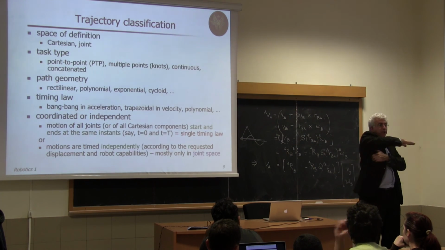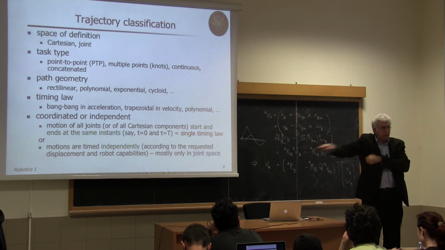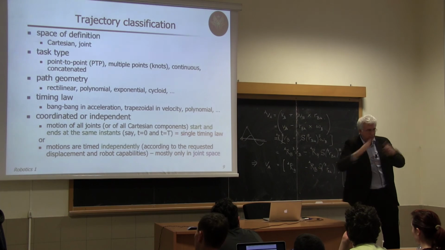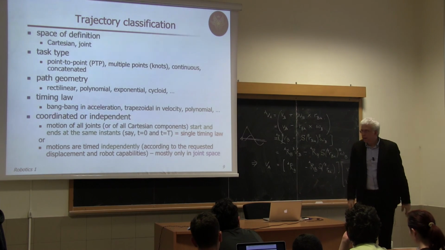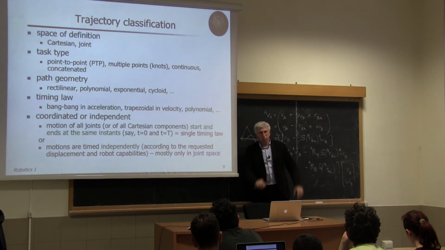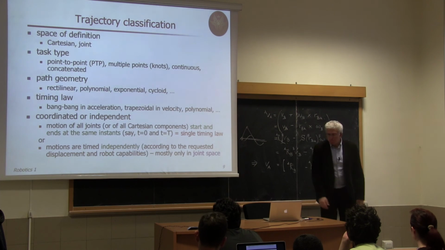If I say first move joint 1 and then move joint 2, this is the uncoordinated motion. While the coordinated motion is the natural one. Do both tasks at the same time, same starting and same ending point. So you need a single timing law which spreads to both joints in these cases.